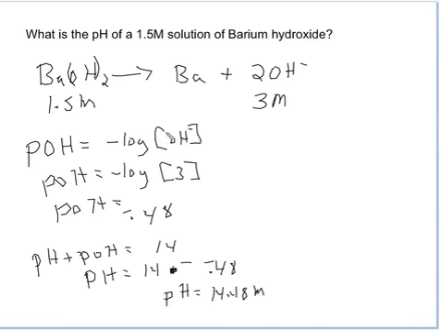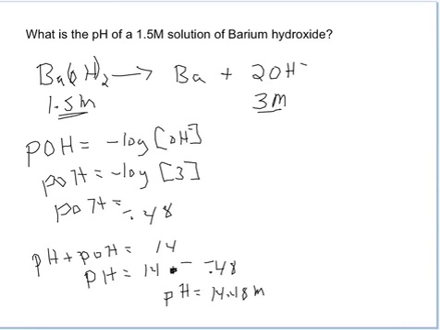Now let's review just a little bit. When you have a base that's not a 1-to-1 mole ratio, like barium hydroxide, see how it's 1 to 2, for every 1 mole of your original base that dissociates, here we're getting 2 moles of hydroxide. So you have to make sure that you take into account that if it dissociates completely, which a strong base would, you have to double the molarity.